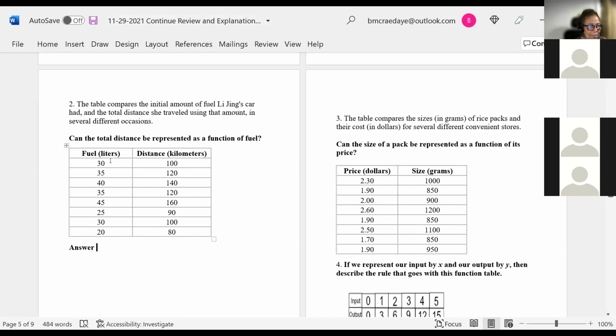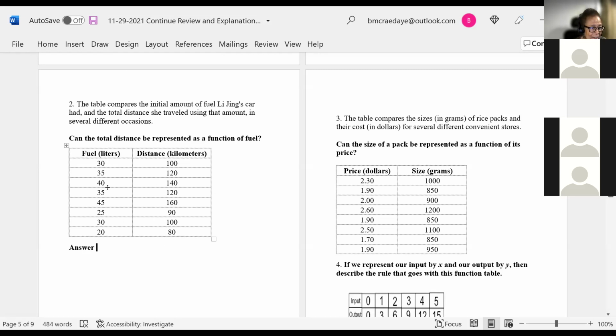Can the total distance be represented as a function of fuel? Now just think of this as X and this as Y. Wherever you have a duplicate X, if it maps to the same distance, then that's okay. But if it maps to a different distance, then it's not a function. So 30 maps to the distance of 100 and 30 maps to 100.